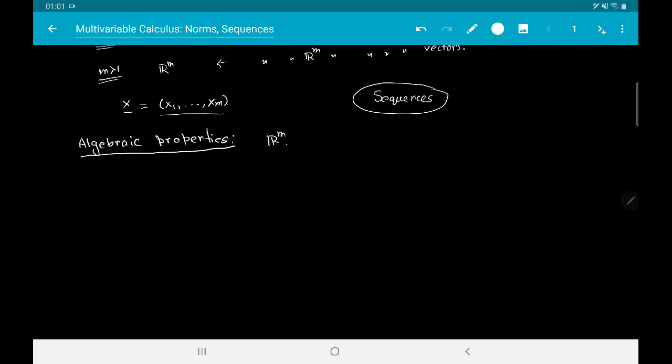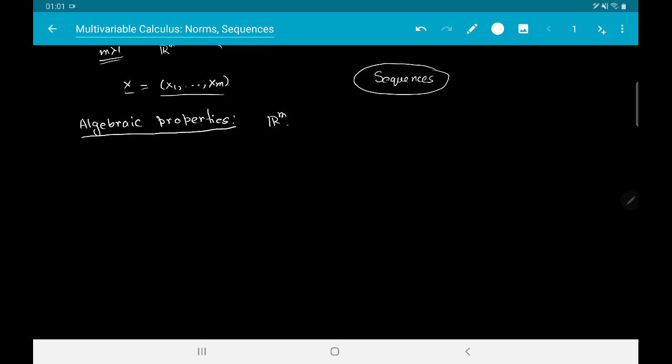So we have x equal to x1, x2, up to xm in Rm, the m dimensional Euclidean space, and y equal to y1, y2, up to ym, again in the m dimensional Euclidean space. And suppose that I have an alpha, which is a scalar, which lies in R1, or simply the real numbers.